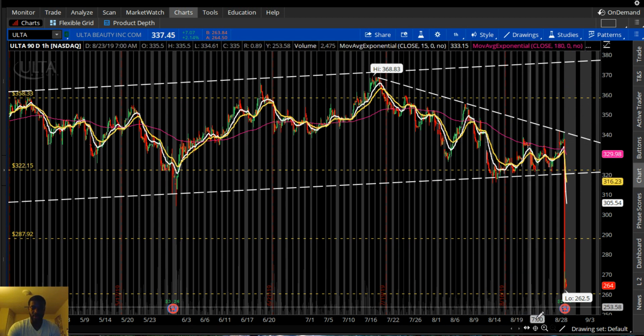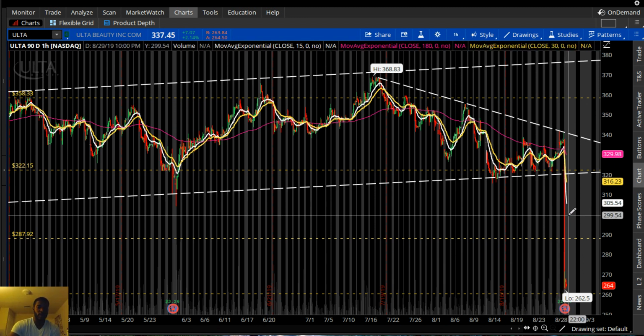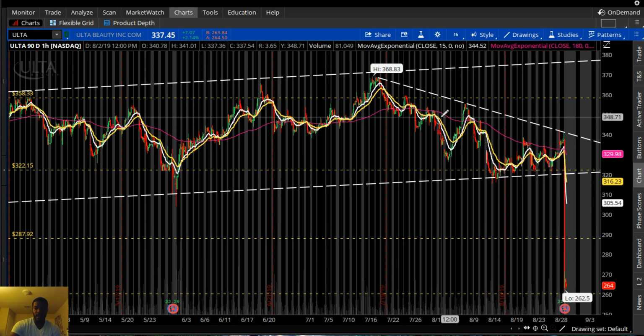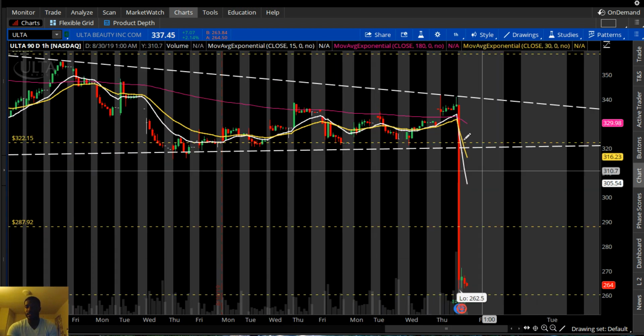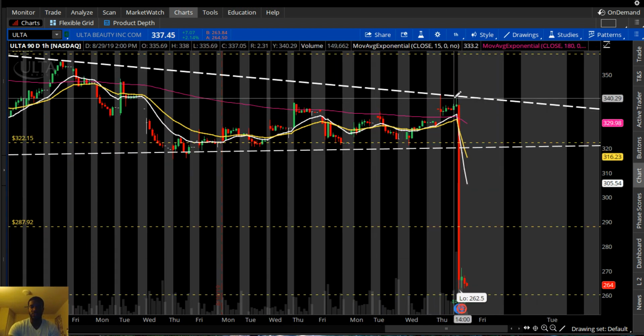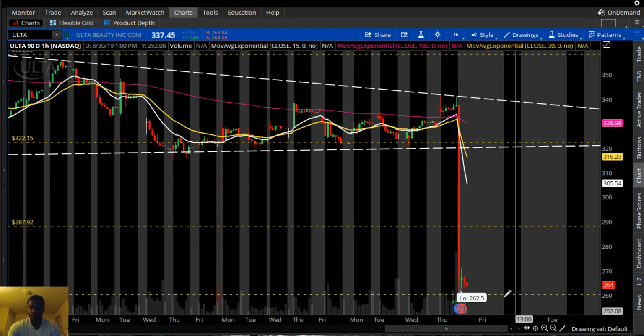Now think about this. This drop happened after hours, right? And look where the price was at market close. You know, we kind of rose up at the end of the day towards this resistance level that has resisted here.